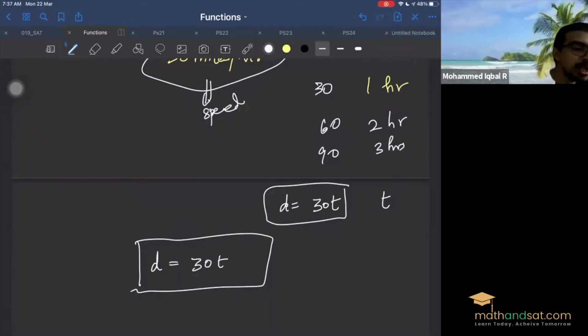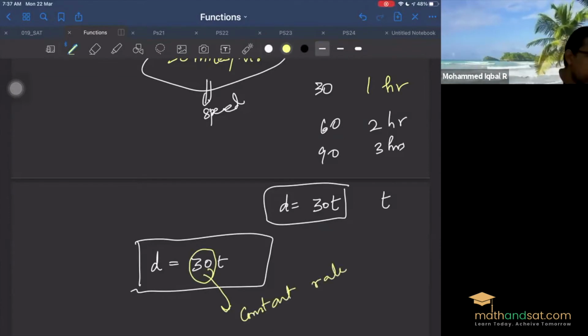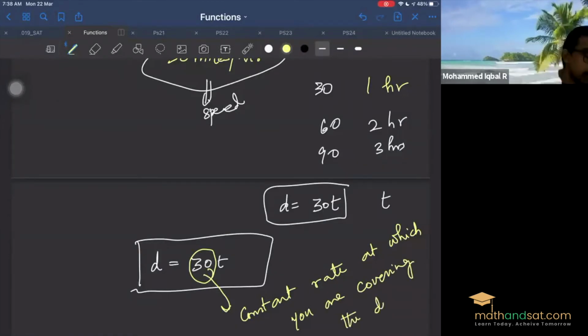So this is what we call a direct relationship or a direct variation or a direct proportion, because things change at a constant rate. And this is the constant rate at which you are covering the distance, and that is what we call the speed.